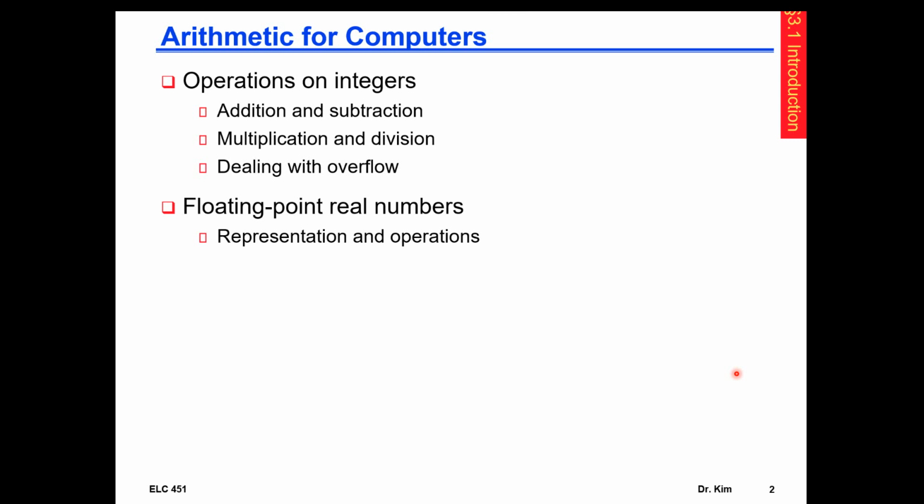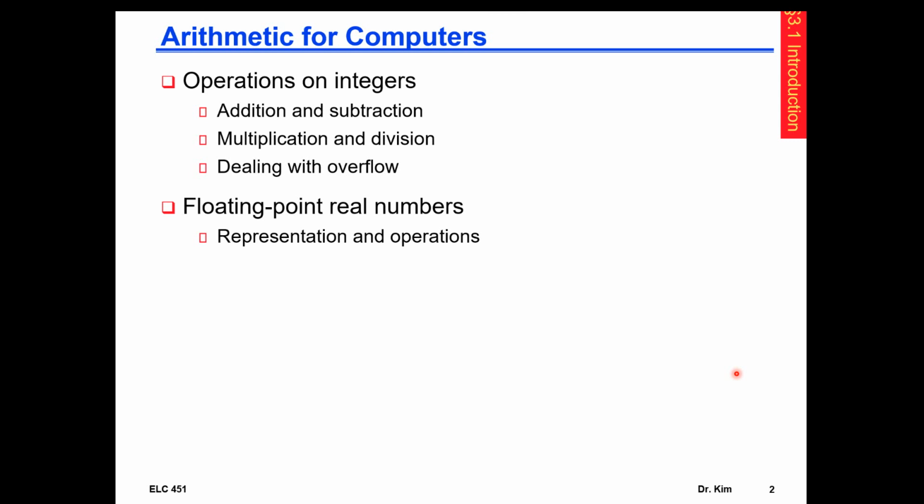We're going to be talking about overflow. We have talked about overflow in the context of the ISA, and now we're going to look at how it gets generated in the context of the actual arithmetic unit that generates it. And then we're going to look at the floating point format, the IEEE standard for floating point formats, and that is new to you.